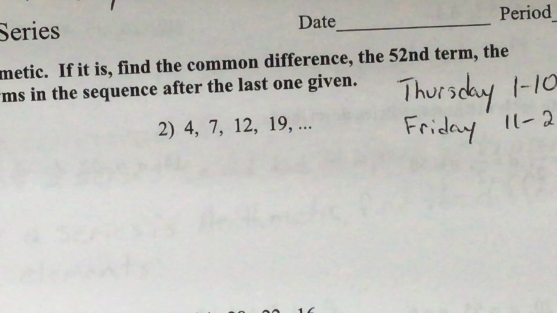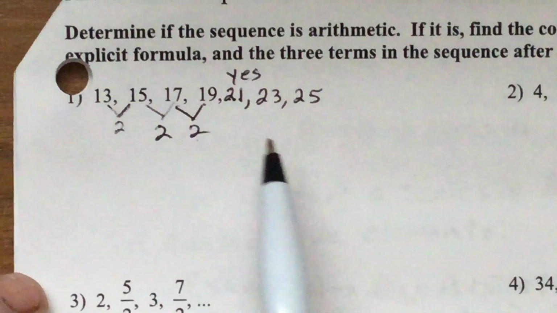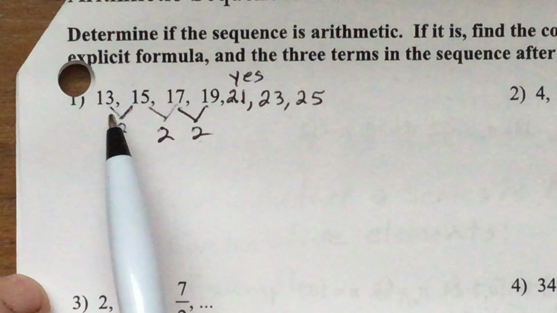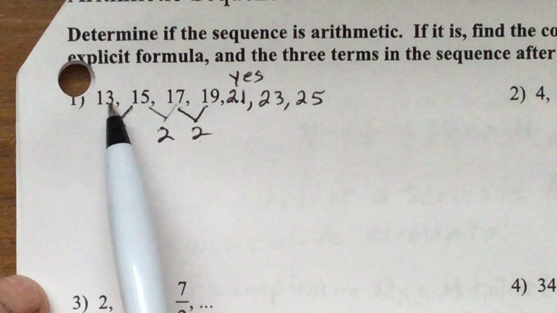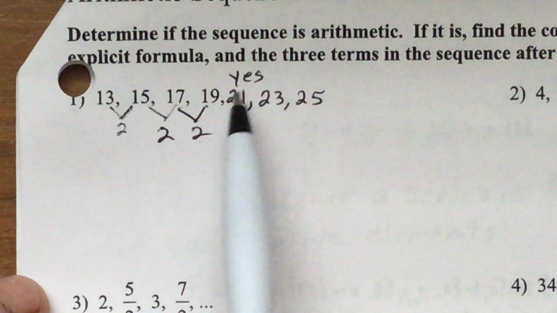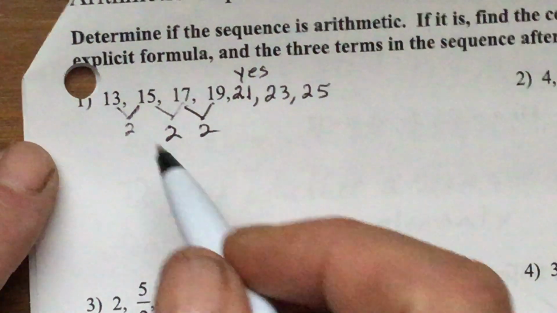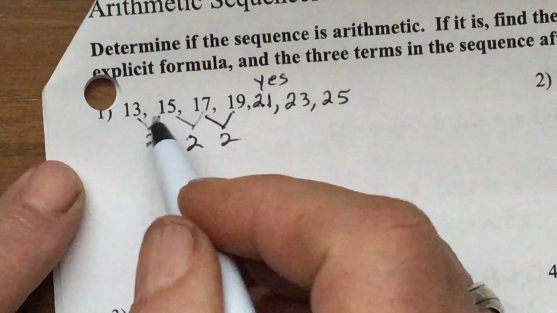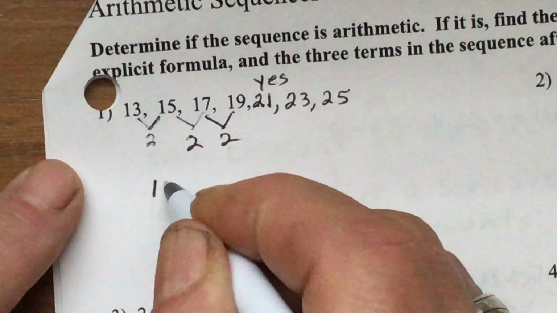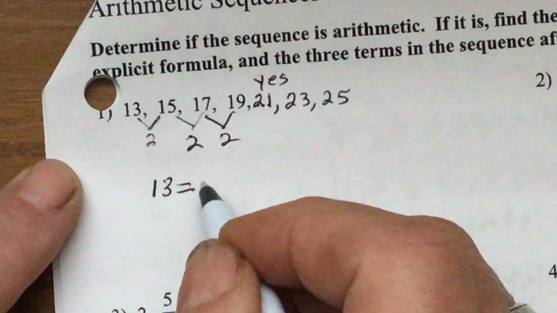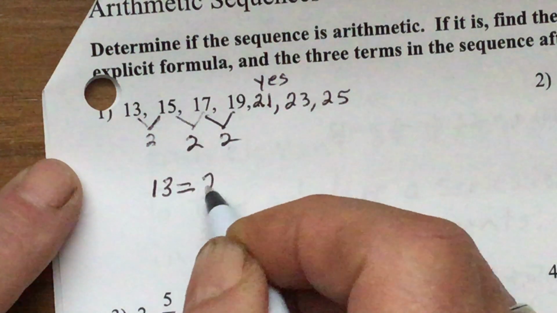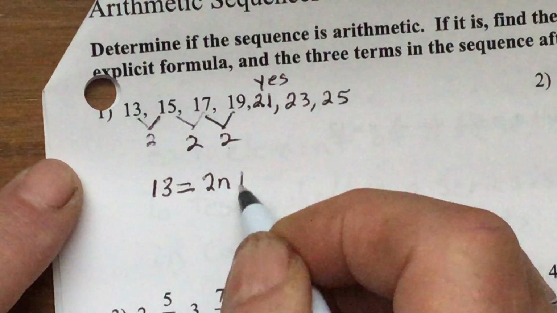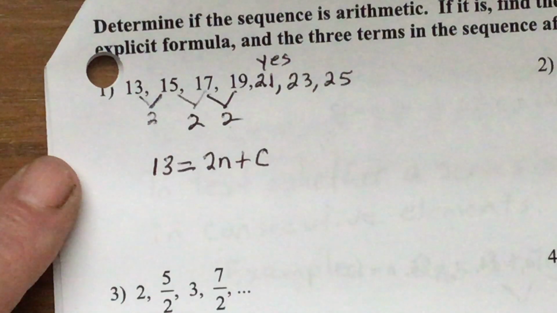Now, finding the 52nd term. Before we can do that, we're going to have to write the explicit formula. What expression was used to calculate these values? Here's an easy way to tell. This 2 is like a slope. 13 is the answer, so 13 came from 2 times some number plus some value.